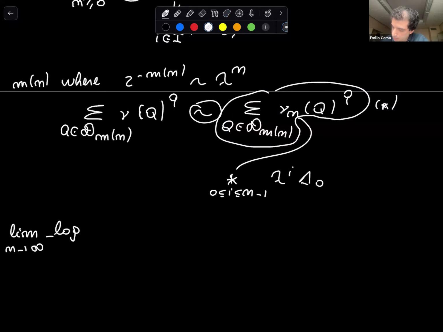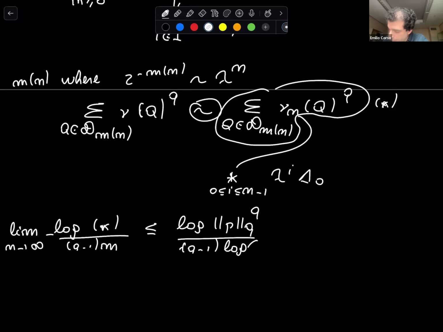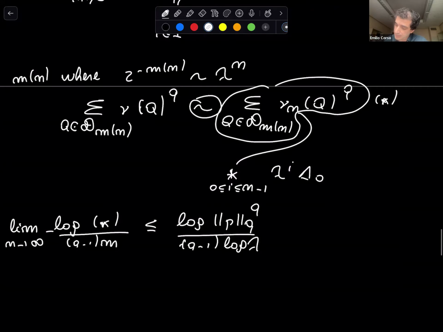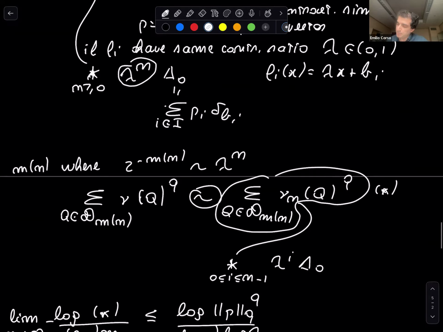There is a combinatorial upper bound, which is divided by q minus 1, the L^q dimension, which turns out to be the log of the L^q norm of the probability vector p divided by q minus 1 times log lambda. So a combinatorial upper bound which only depends on the parameters of your iterated function system. But the point is that we actually get equality here under some assumptions, which are satisfied in particular by these projections of these products.